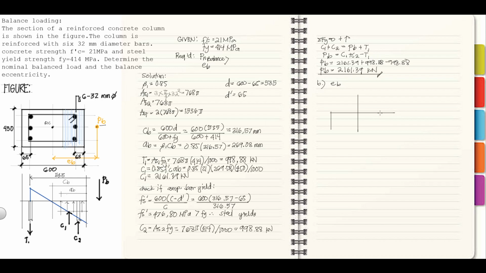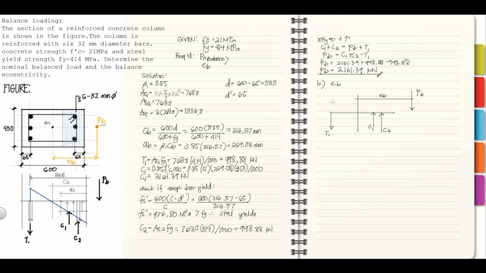Let's say this is the C2, we have here the C1, and this is the T1. And of course, we have here the PB. Ang tinatanong, if this is the plastic centroid, so this is the EB.